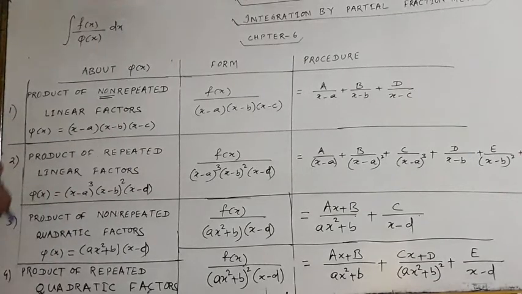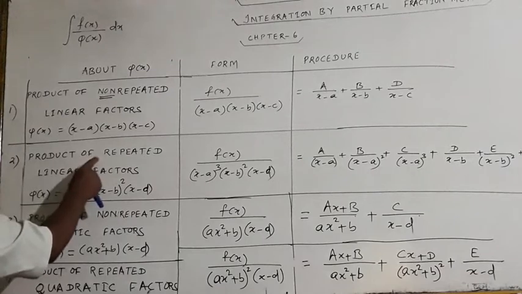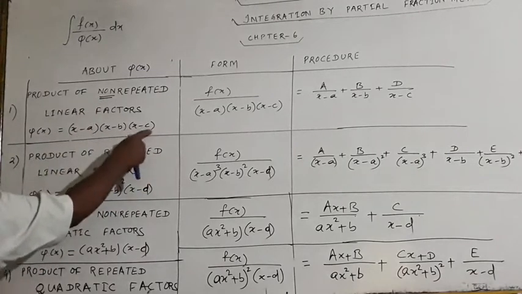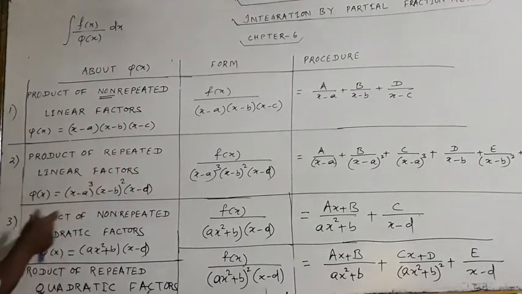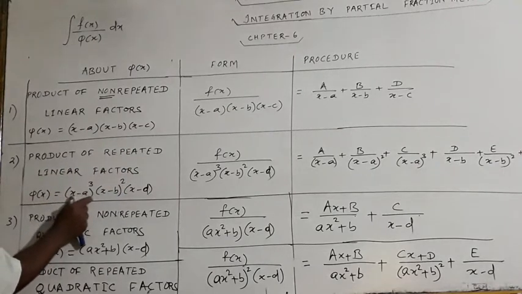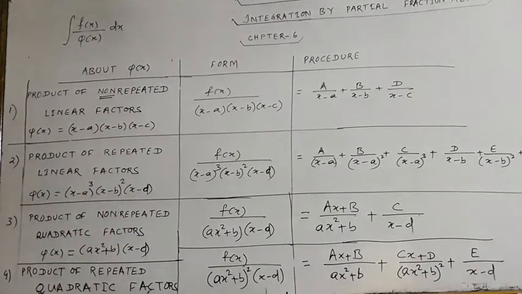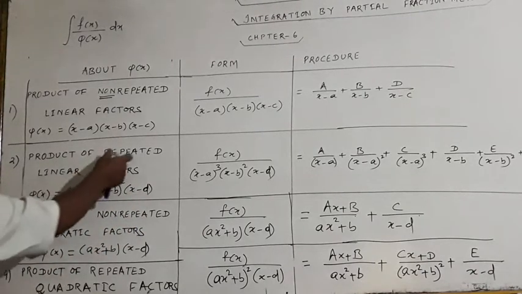Look at here. It is a product of what? Repeated linear. Here non-repeated, here repeated linear. Means here x minus a linear, x minus b linear, x minus d linear. Why is it called repeated?